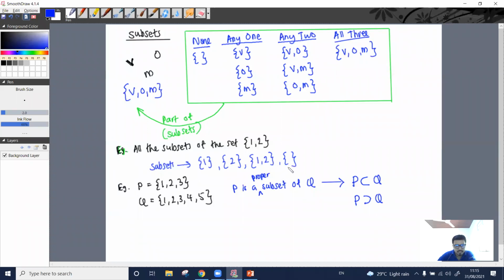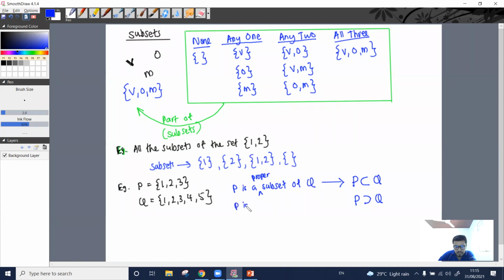If we change the sign and write it, what happens? If we write it in this way, it means what?